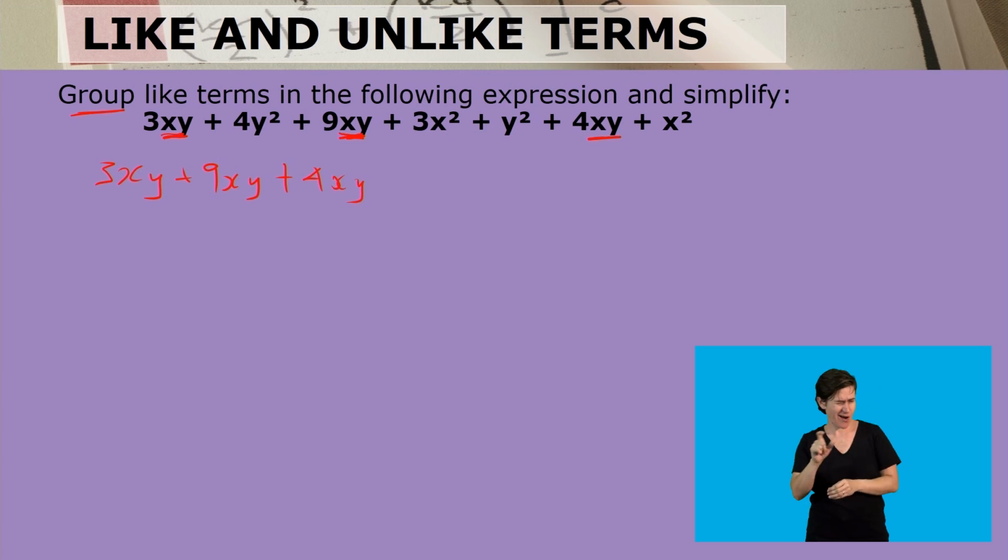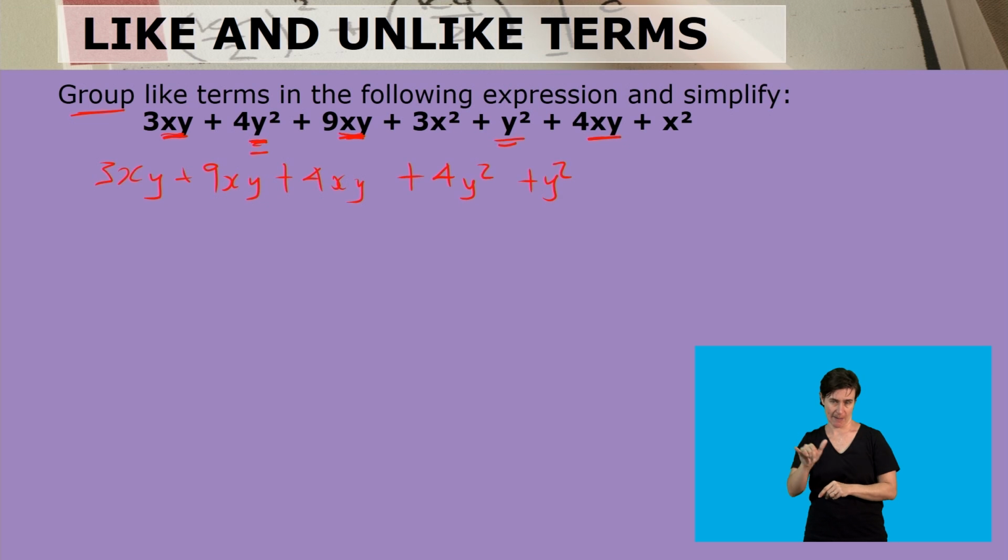All right, we have done those. Now let's look again at the expression. What else remains? I have y squared. All right, I'll do a double mark on it. I have 4y squared and I have y squared. So it will be plus 4y squared plus y squared.